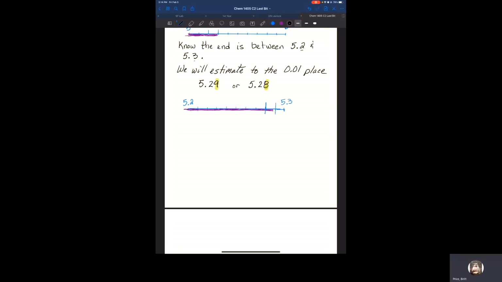So we know the end is between 5.28 and 5.29. This means that we're going to now estimate one place over.